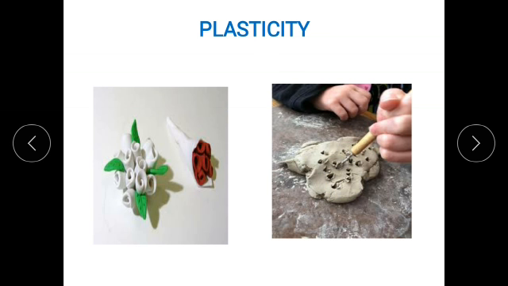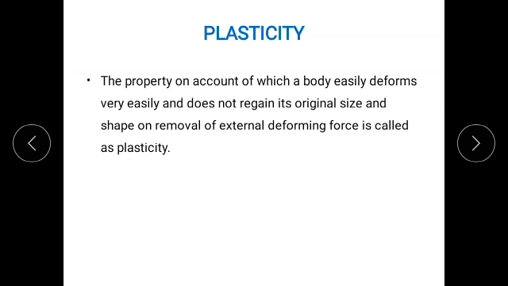Even though the force is released, it does not return to its original shape and size, and therefore this clay is called a plastic body. And from that we write the definition: plasticity is the property on account of which a body easily deforms.